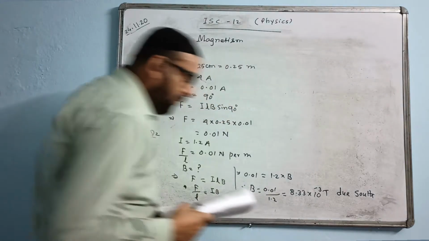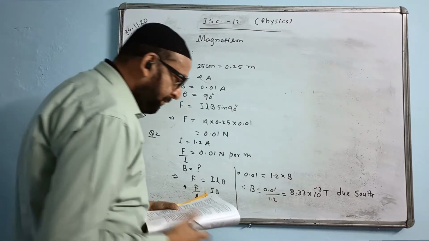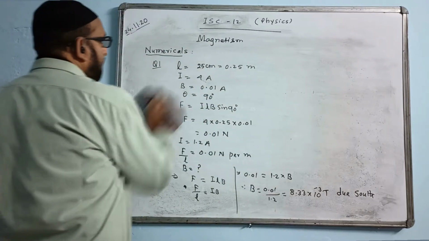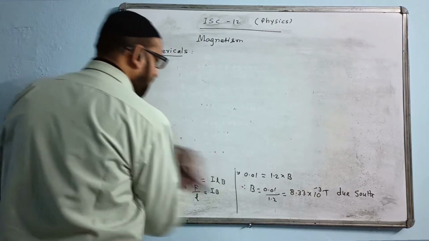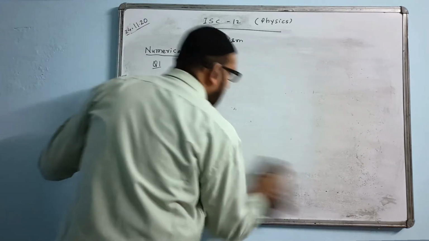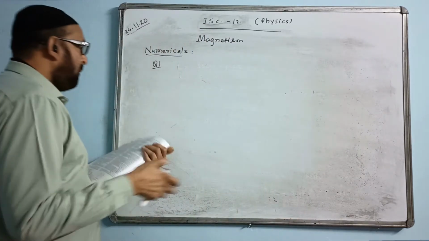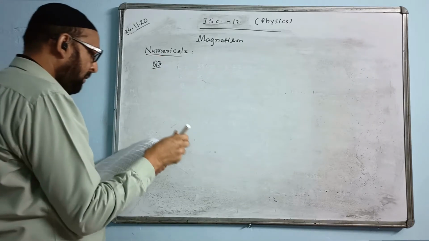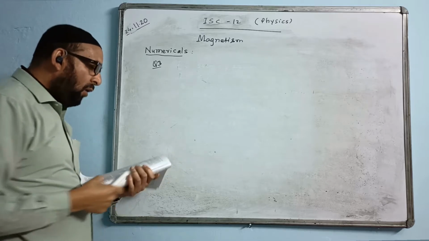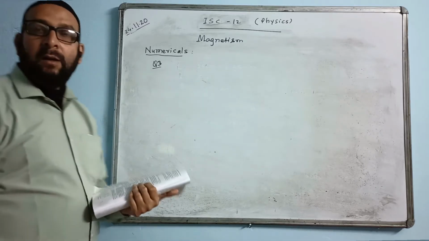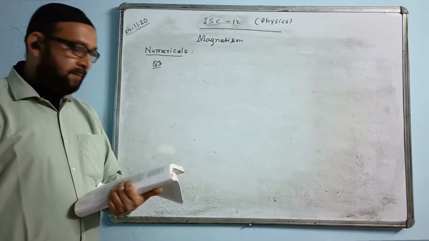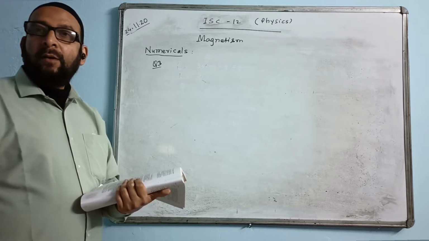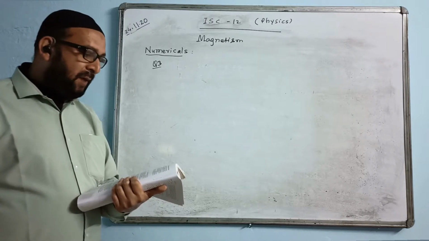Okay. Now we are doing the next question. Question number 3. The question says: a long straight wire carries a current of 5 ampere.